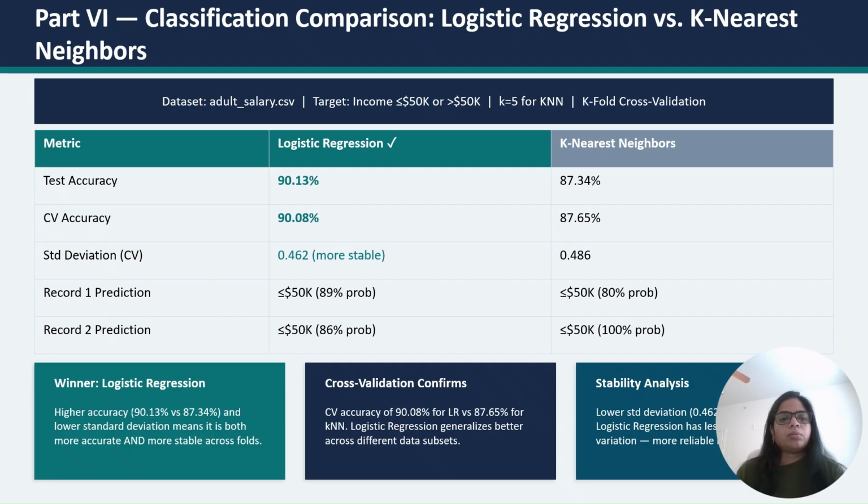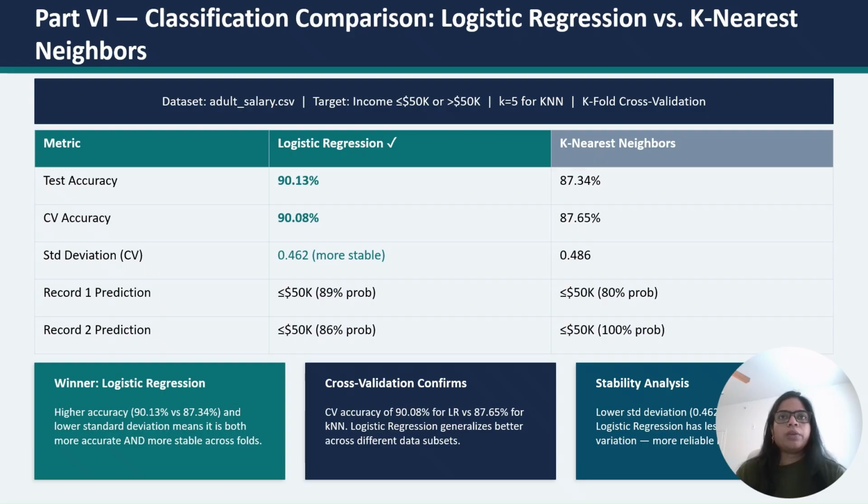The logistic regression accuracy test resulted in 90.13%, whereas the k nearest neighbors accuracy has been recorded at 87.34%.